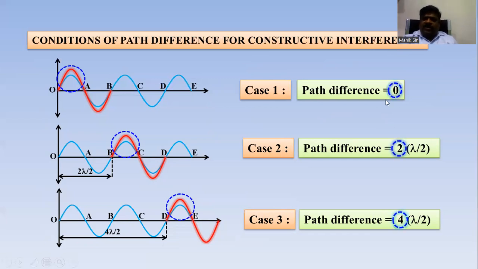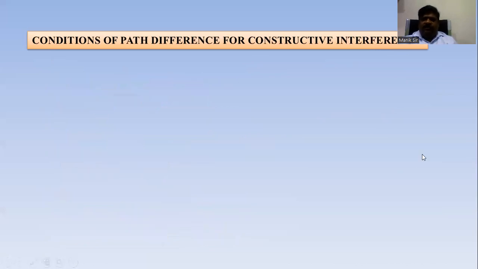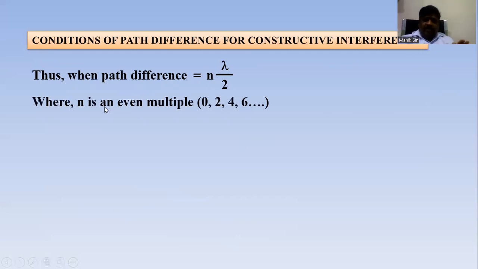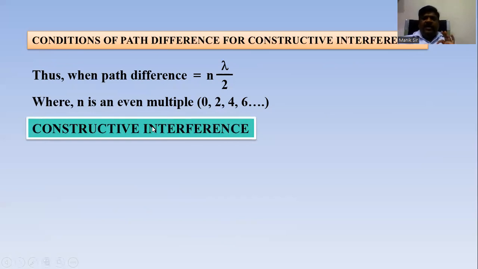So if we observe this 0 to 4, these are the even numbers, right? And they are multiple of what? Half of the wavelength. So thus, when the path difference is n into lambda by 2, such that this n is an even number, when n is an even multiple, that is 0, 2, 4, 6, when n is the even multiple of the half of the wavelength, we get constructive interference.